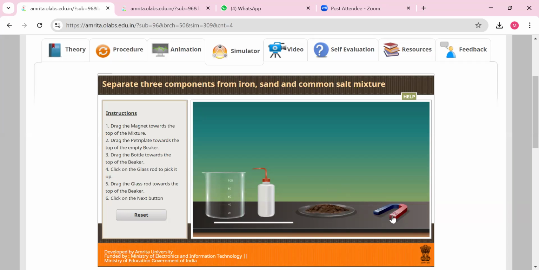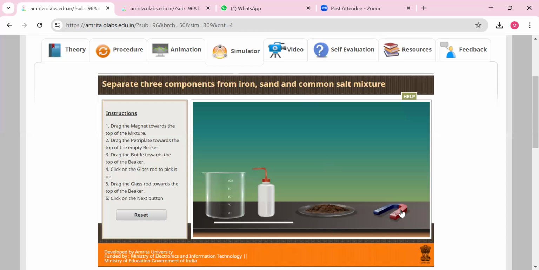On this plate we have four kinds of items: a magnet, a water container, a glass beaker and stirrer. Different materials are mixed in this plate: an iron, sand and common salt mixture.